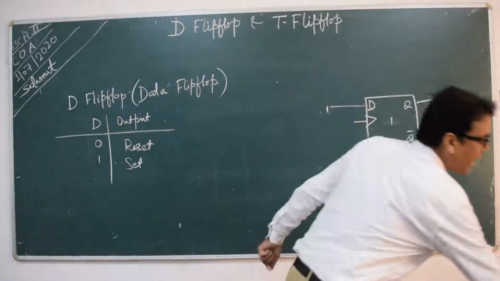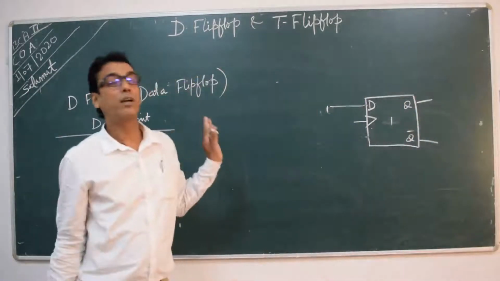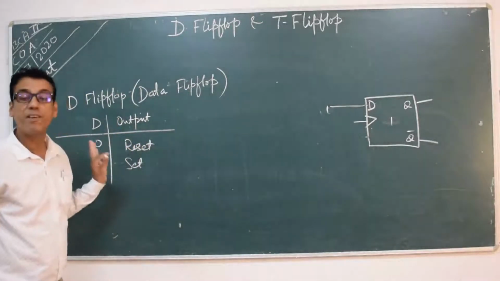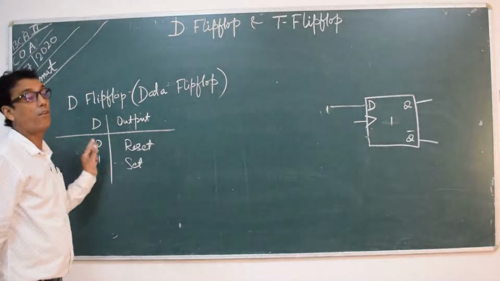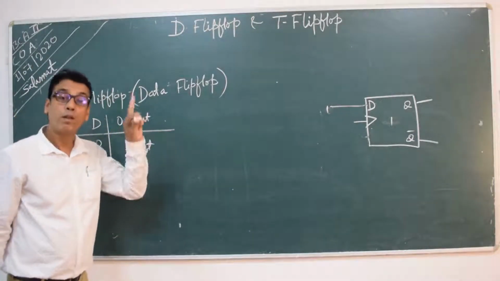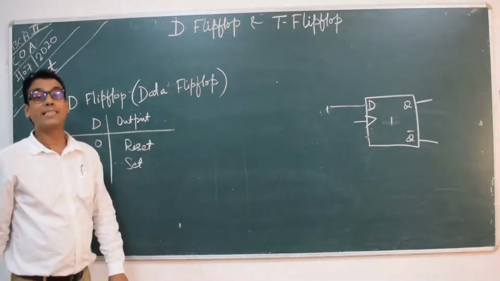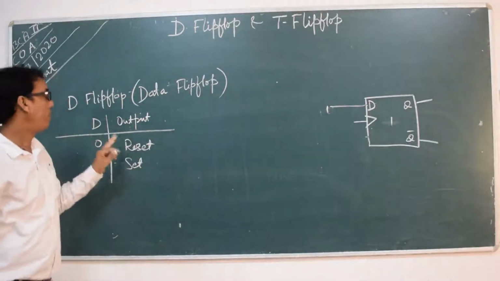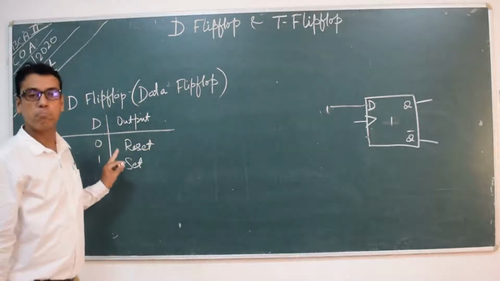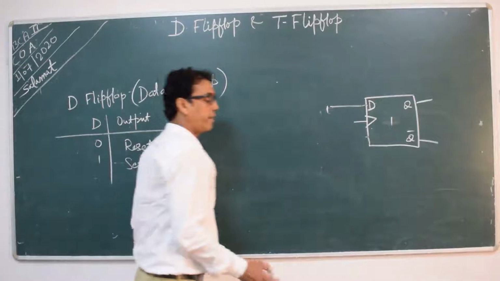It means it has only two states. If you compare it with JK flip-flop, you find the JK flip-flop has set state, reset state, then it has no change state and toggle state. So in the case of data flip-flop, no change state and toggle state are missing.